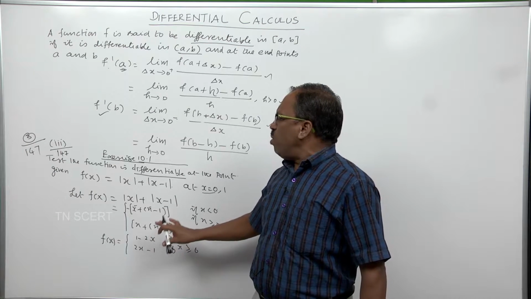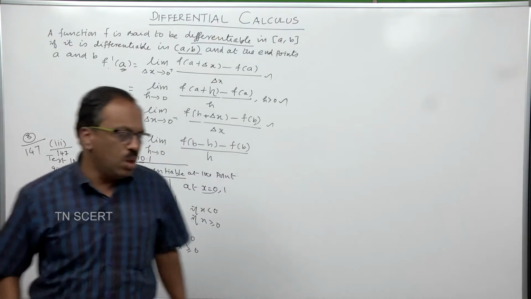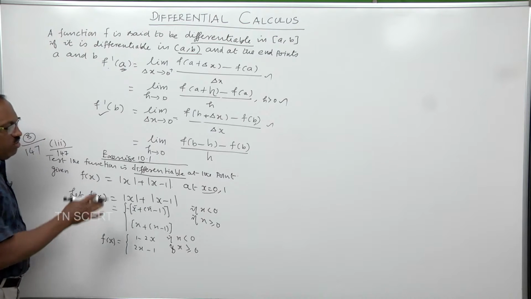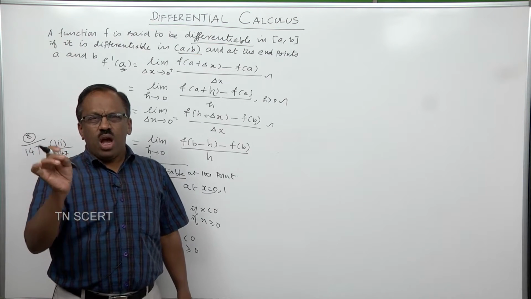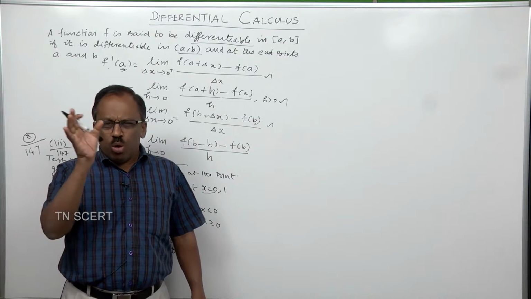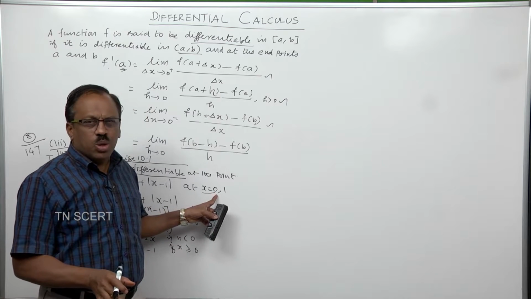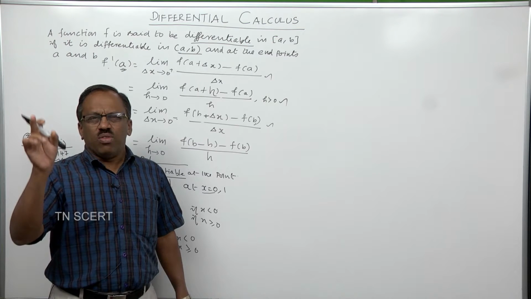So, we want to know whether it is differentiable or not. What does differentiability mean, what do we have to prove? The left function and right function, both values of f dash of x at x equal to 0: we have to check whether L of f dash of 0 equals R of f dash of 0.